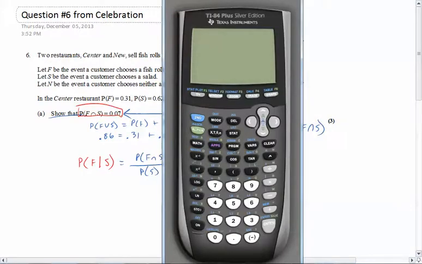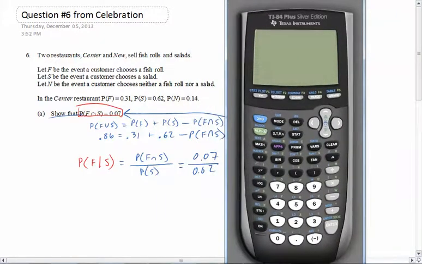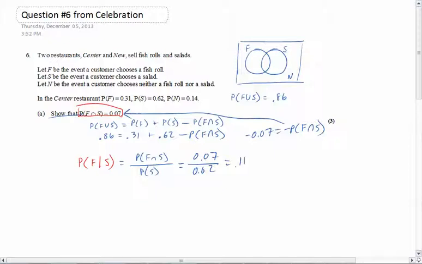And when you do that, you should then end up with 0.07 divided by 0.62, and we got 0.113. Very good. There we go.